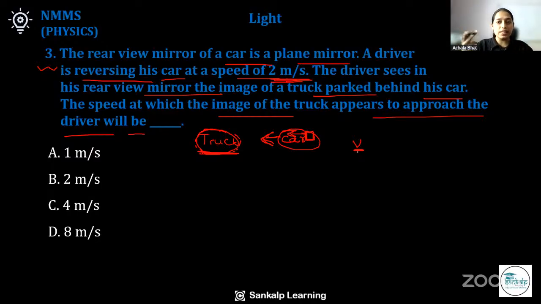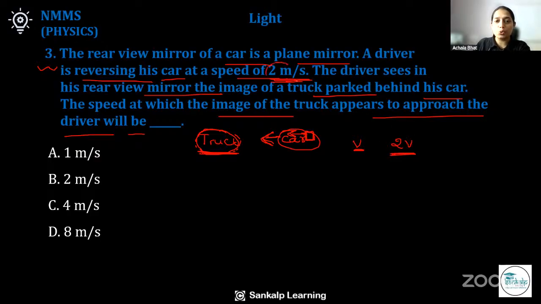The image always appears to move at double the speed, that is 2v. Image speed will be 2v. Therefore, the correct option is here.